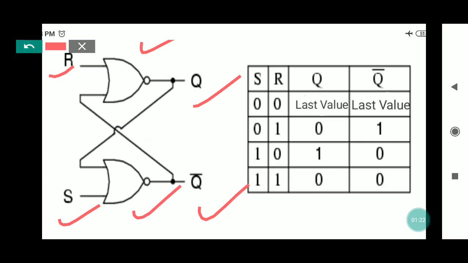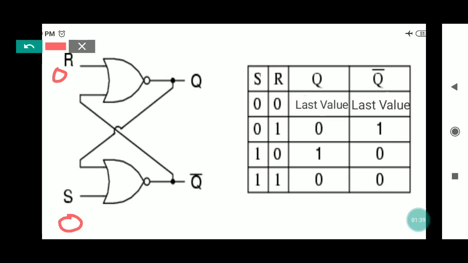Okay, now consider the first case. Under this case, R as well as S both are 0.